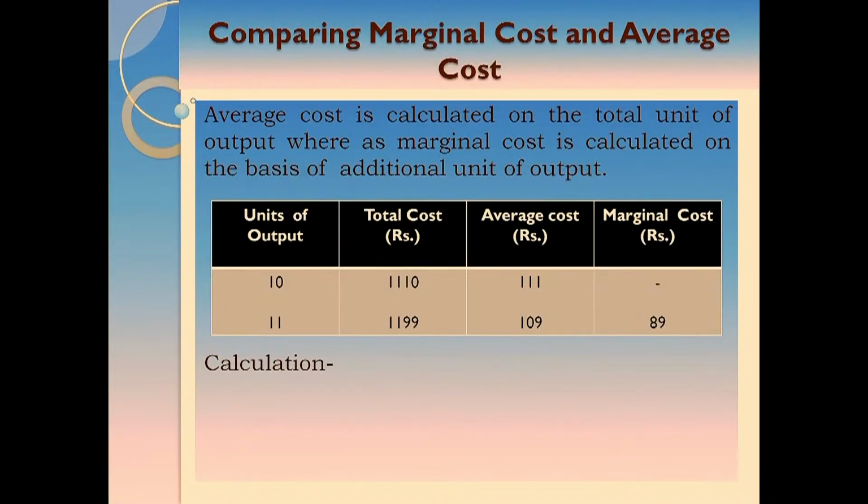See, units of output increases from 10 to 11, and marginal cost we have to calculate, and the total cost increases from 1,110 to 1,199.